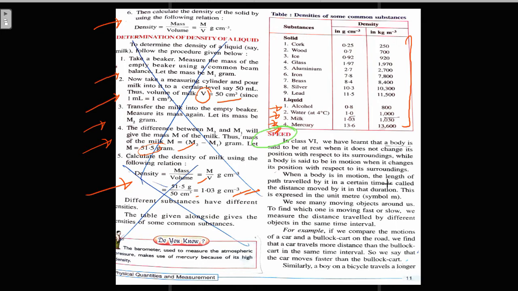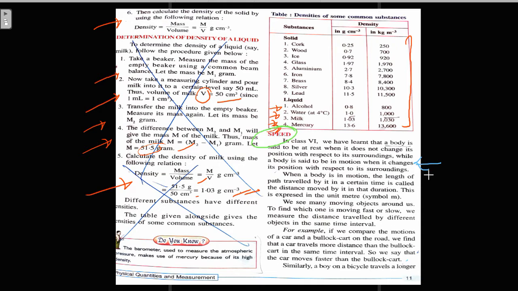Speed, as you know, is about motion, right? So we have learned a body is said to be at rest when it does not change its position with respect to its surroundings, while if it changes its position with respect to its surroundings, we treat it as in motion, right?